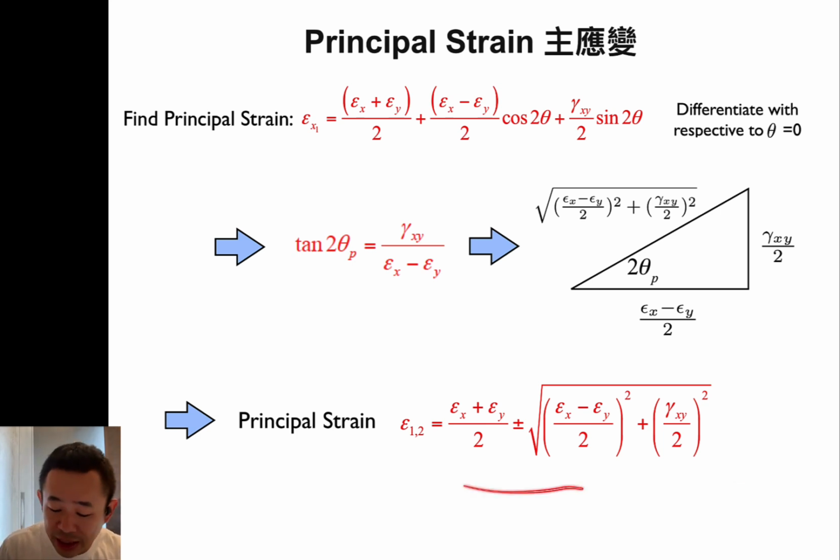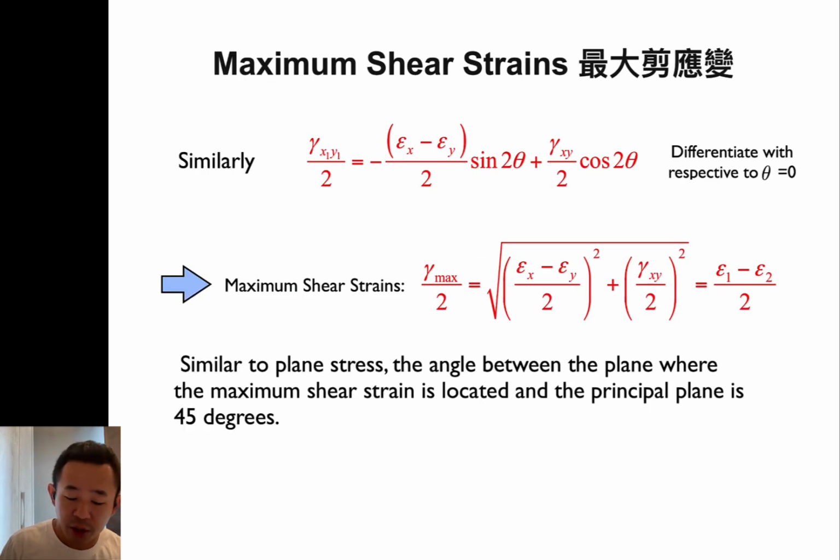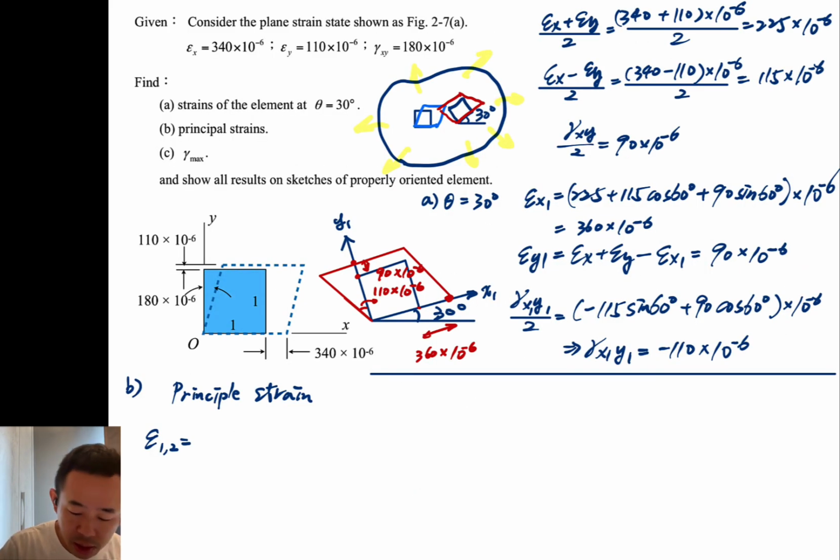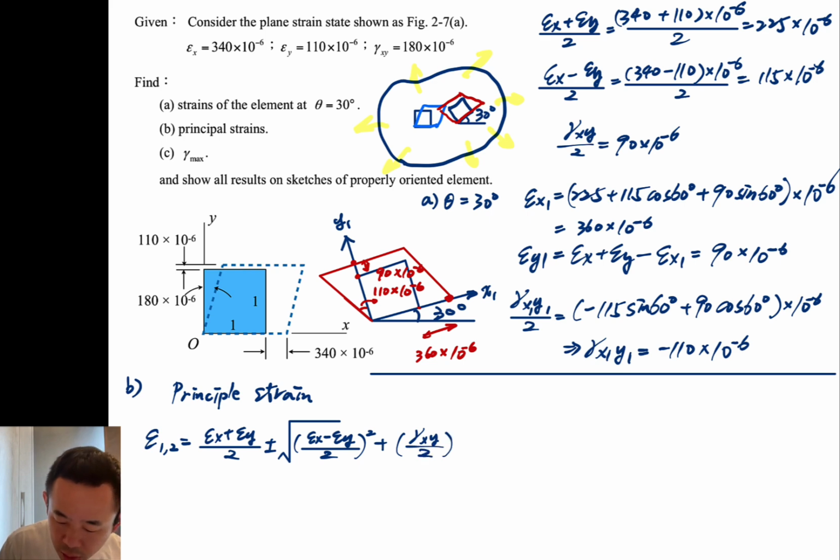You see that this is really similar to the plane stress equations. So we just substitute the values here: epsilon x plus epsilon y divided by 2, which is the average, plus or minus the square root of epsilon x minus epsilon y divided by 2, squared, plus gamma xy divided by 2, squared.